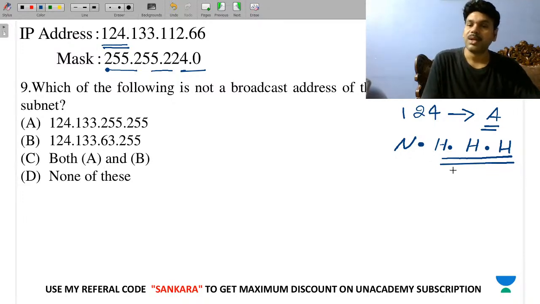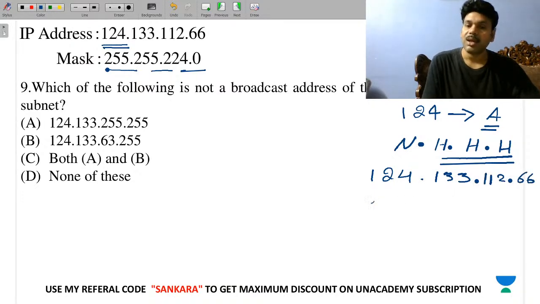So therefore, let us take your mask now and your IP now. Your IP is 124.133.112.66, and the mask is 255.255.224.0.